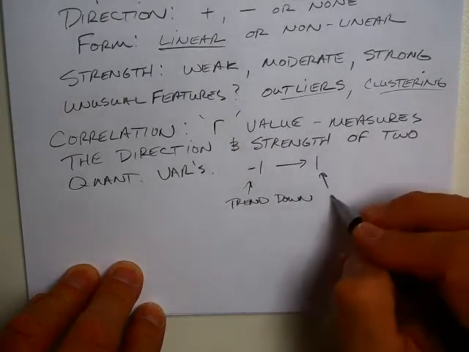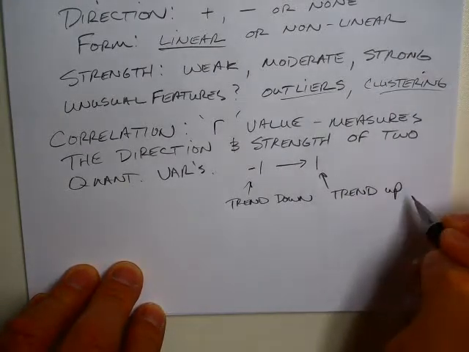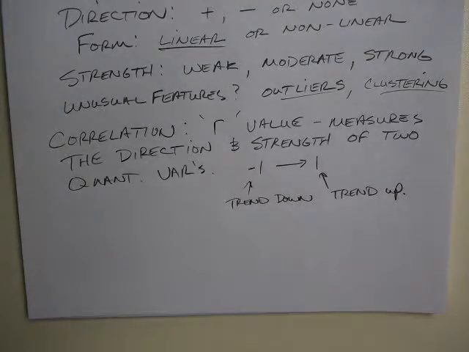Your positives trend up. The closer you are to -1 or +1 is the better, the more linear a situation is. So the points line up almost perfectly at -1 or 1.